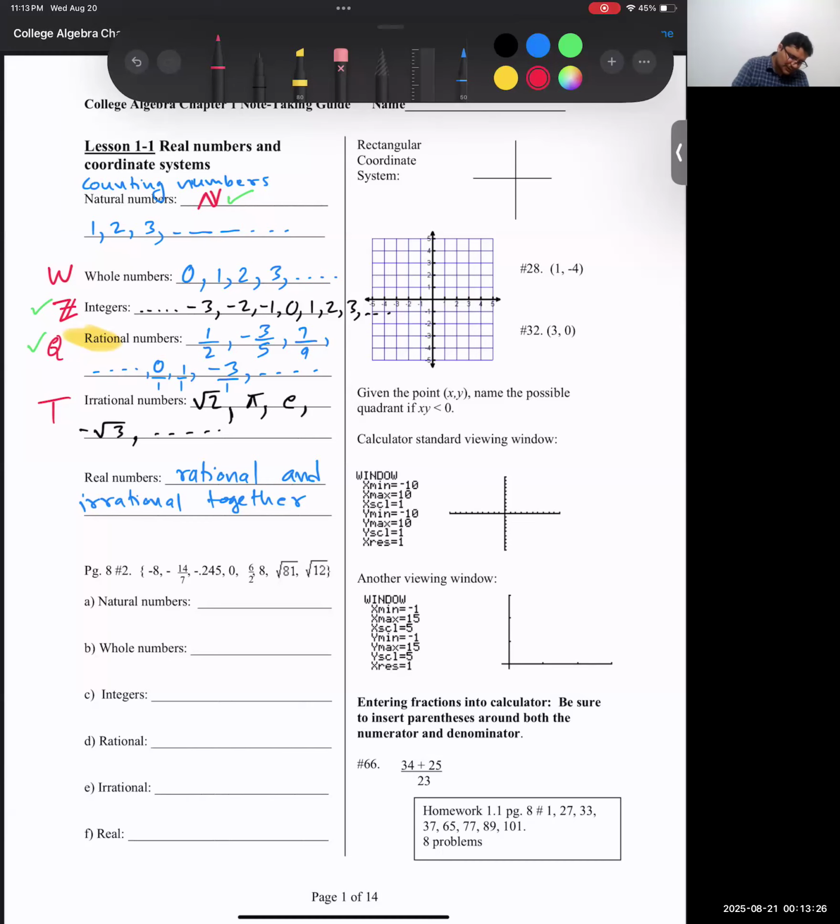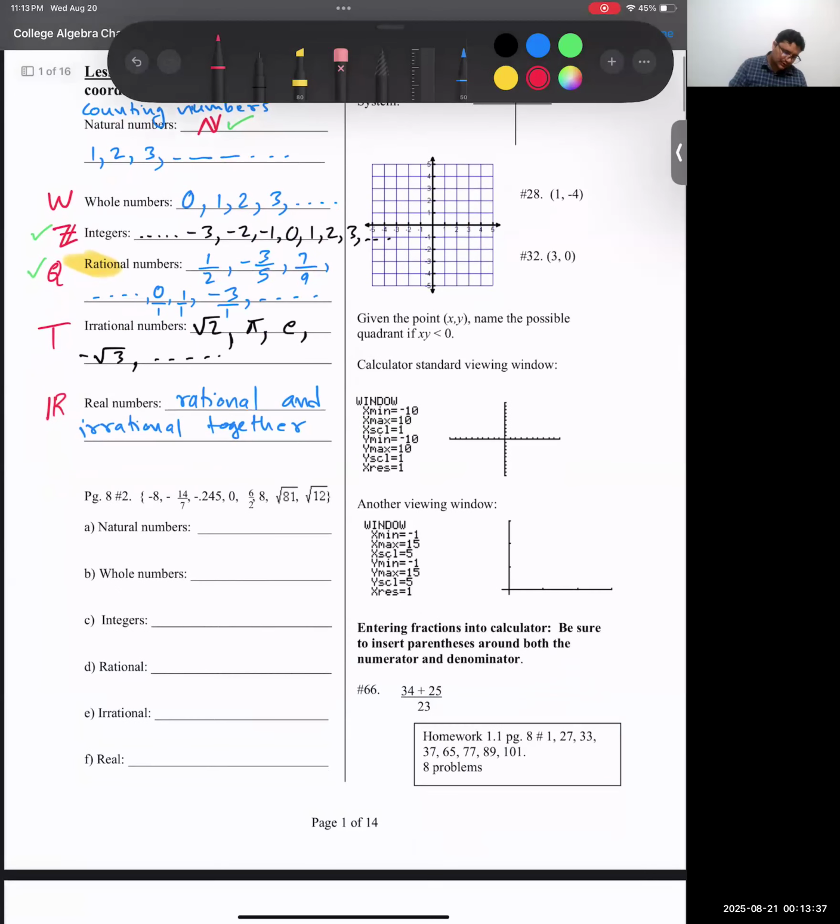And like other number systems, it has a very standard notation, R, with the extra line there, script R. So as examples, I would write, let's say, √2, that's a real number, 2, a real number, 0, 1/2, -7/5, and so on. All these numbers are real numbers.